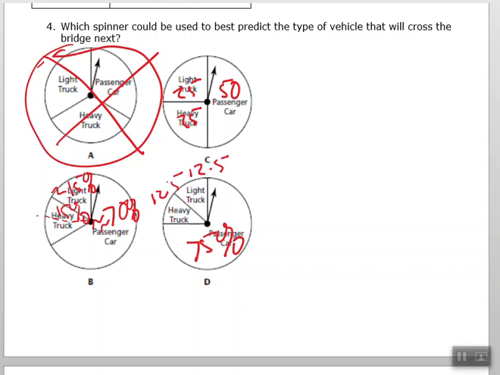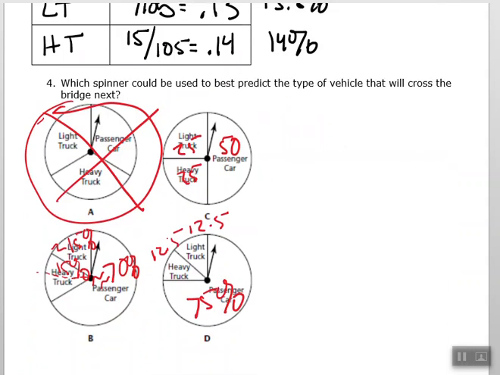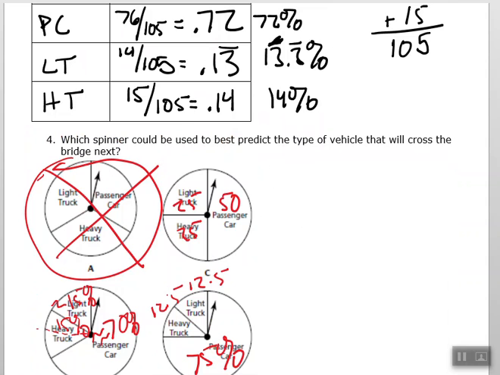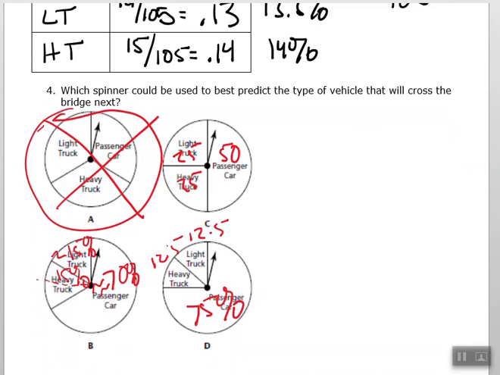So based on what I did up here, calculating my percentages, letter C would be my correct answer. Sorry, letter B. So letter B is going to be my correct answer because it is more representative of the results of the experiment I got.